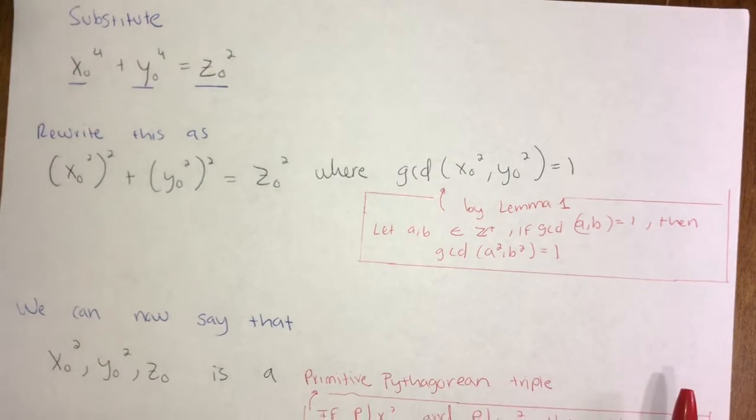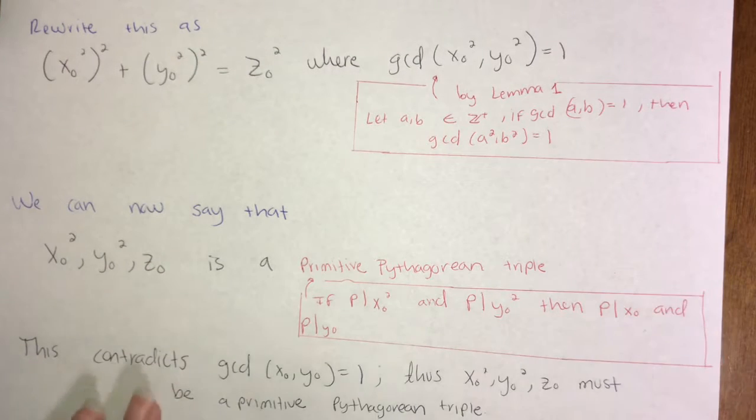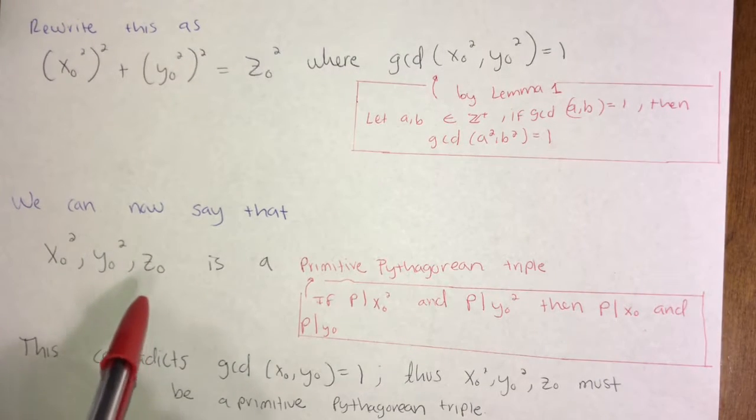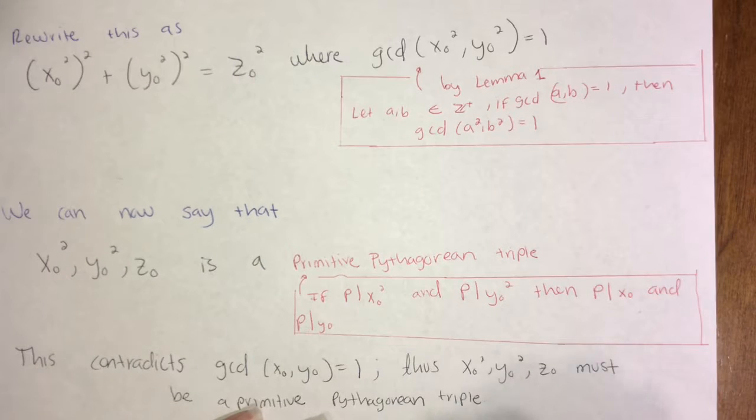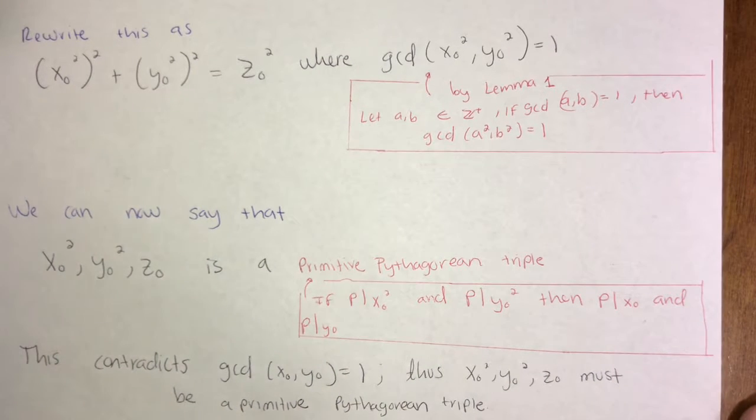Now once we have that, we can say that x sub 0 to the second, y sub 0 to the second, and z sub 0 is a primitive Pythagorean triple. Why is this? Again, I boxed it in for you. This is because, for example, if p is divisible by x sub 0 to the second and p is divisible by y sub 0 to the second, then p will also be divisible by x sub 0, and p will also be divisible by y sub 0.